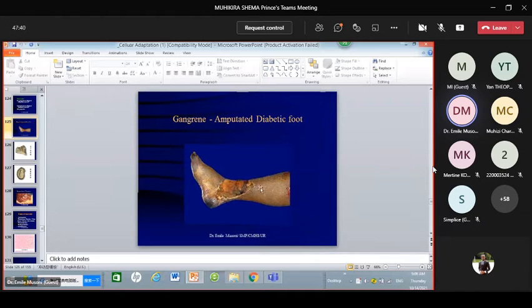Maybe the problem was only here. And you amputate until you reach the living tissue. Because if you amputate at this one, the necrosis will continue upward. So it is better to amputate where you see living tissue. Living, I think, is where there is bleeding. Once you see the bleeding, it means that there is living tissue.